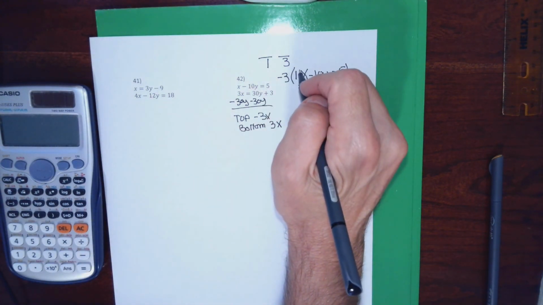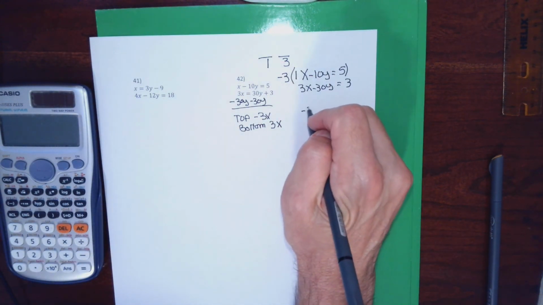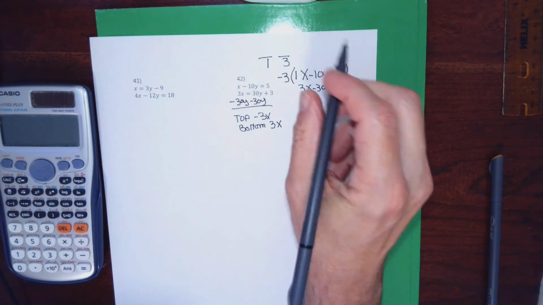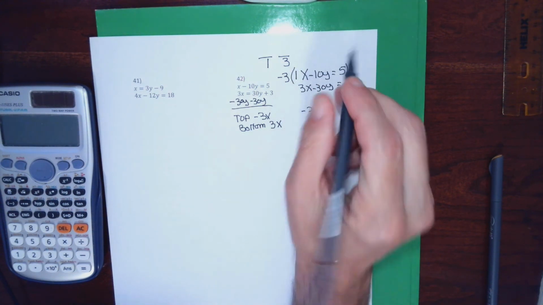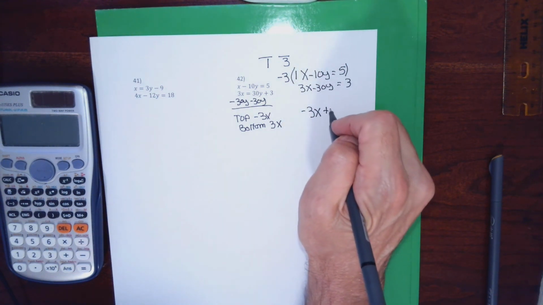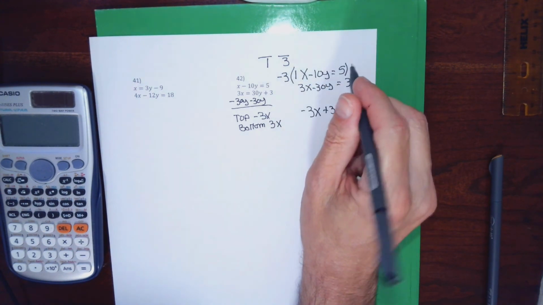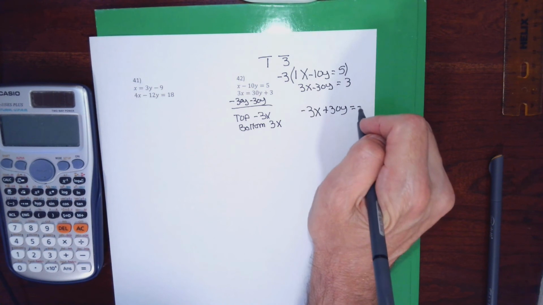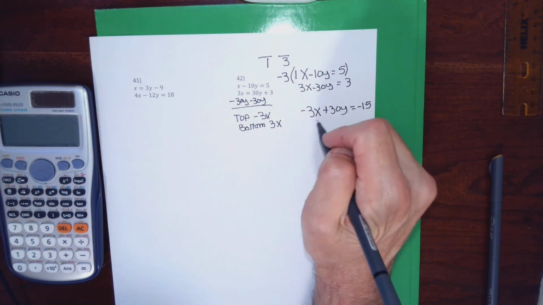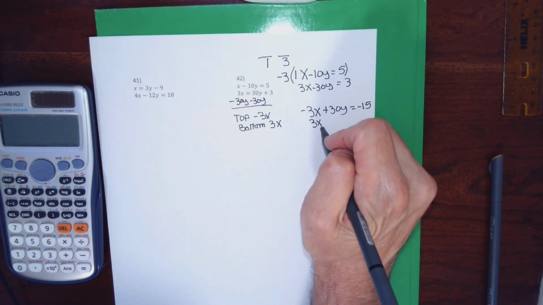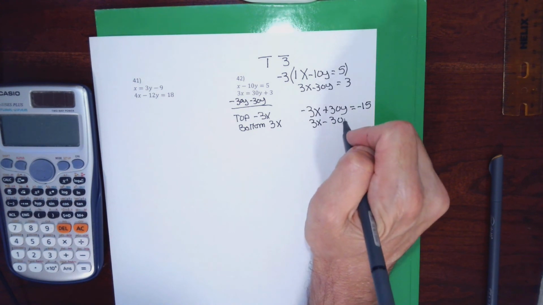I'm going to do negative 3 times positive 1x and get negative 3x. I'll do negative 3 times negative 10y and get positive 30y. And then negative 3 times positive 5 gives me negative 15. I'm going to leave the bottom equation alone because the x's are set up to cancel.